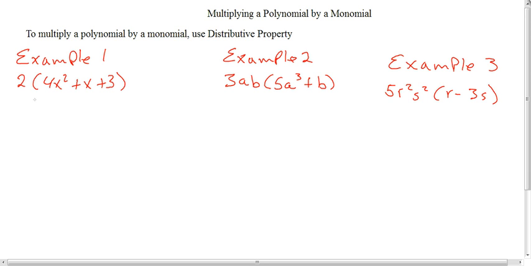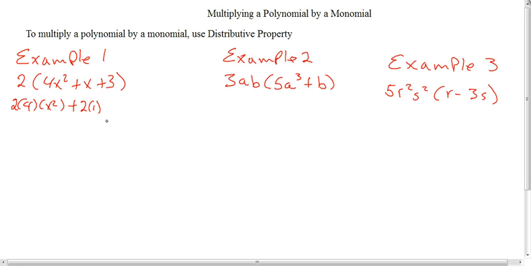So what I'm going to do is take my 2 and multiply it times 4, and then multiply that times x squared. Okay, and then I'm going to put my plus sign because my plus sign is there, and then multiply 2 times my coefficient of 1.